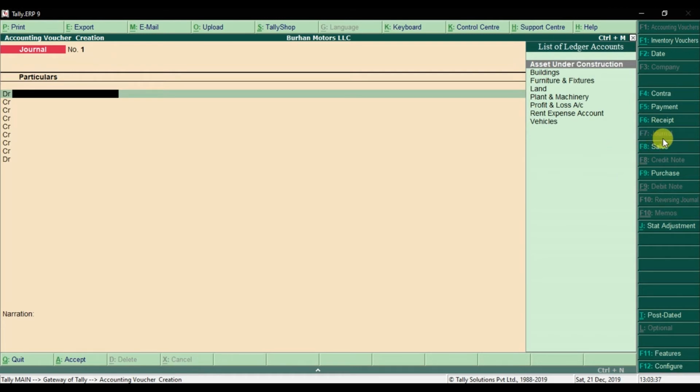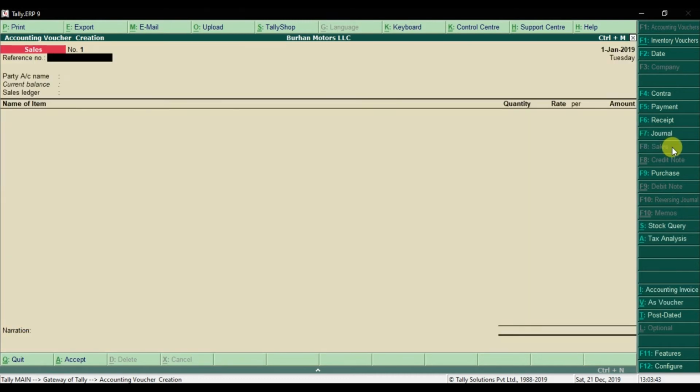Then after F7, this is your sales voucher, right? That is your sale invoice basically. Let's suppose you are going to sell 10 laptops to this institute, so you need to give them a sale invoice. So that is our F8. F8 is sales, right?